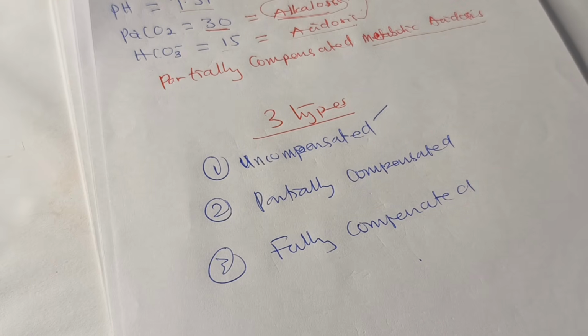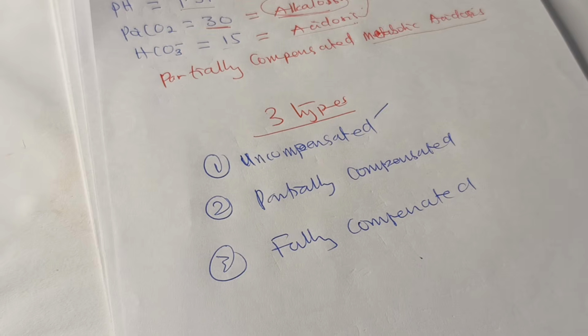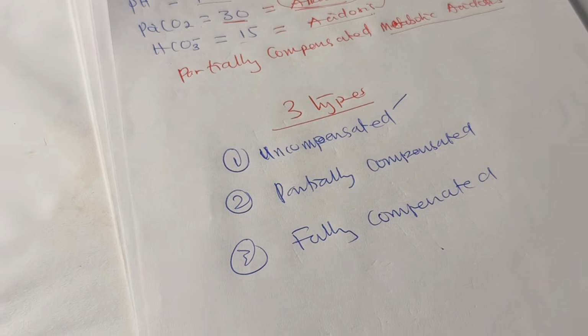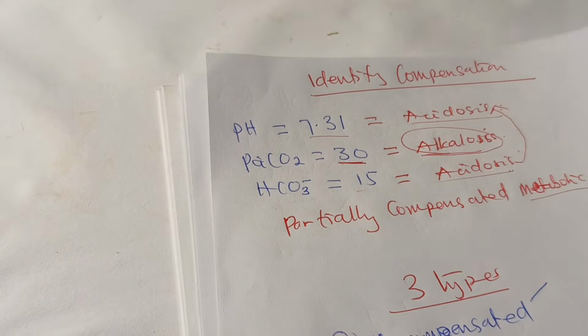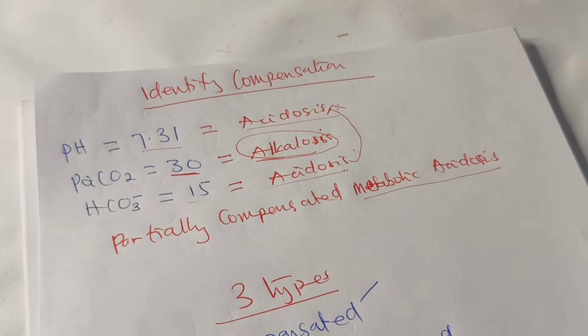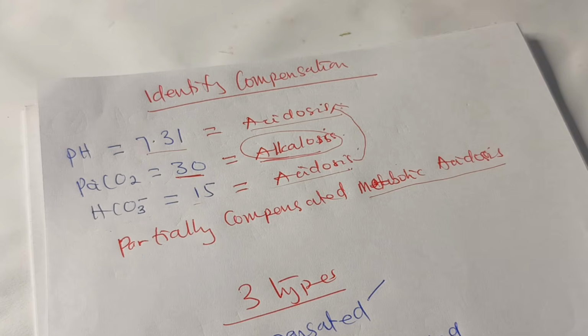Okay, now in what circumstance will you say uncompensated, partially compensated, or fully compensated? The first example we did is an example of partially. So all the things are abnormal, therefore it is partially.